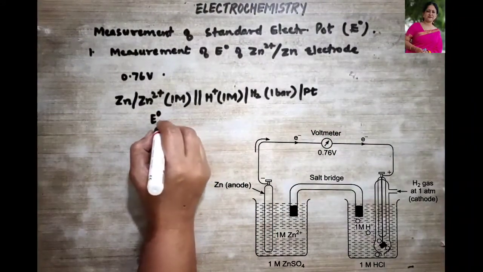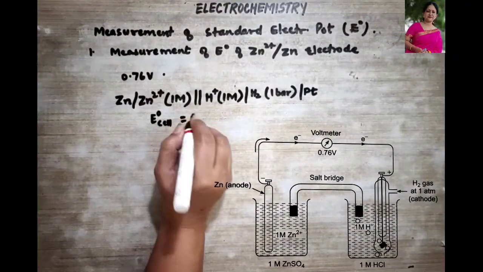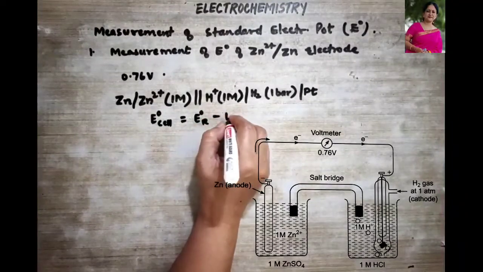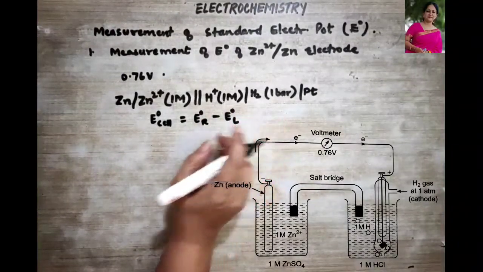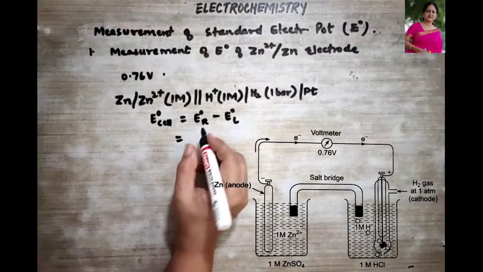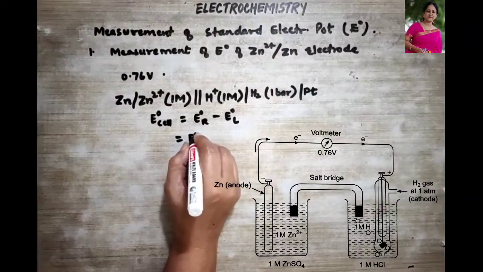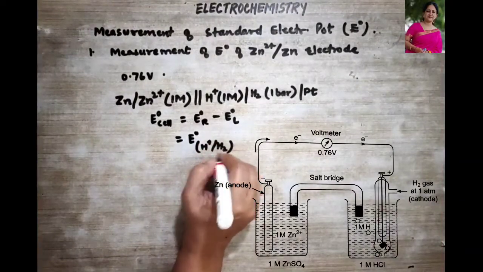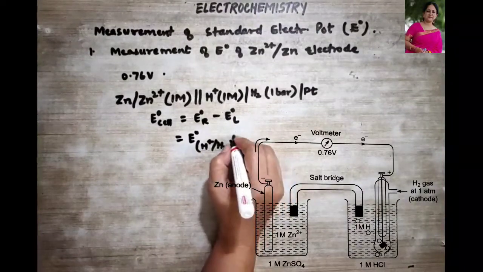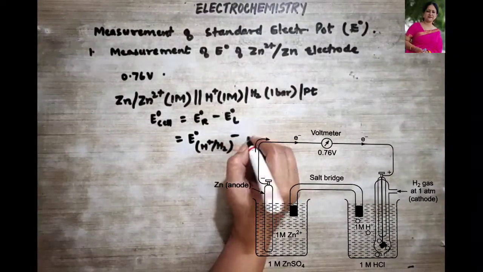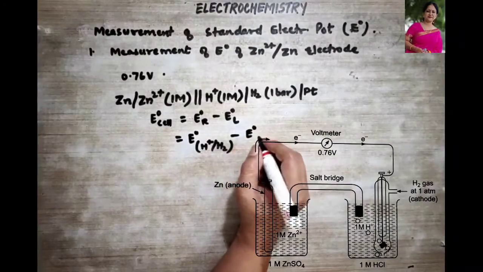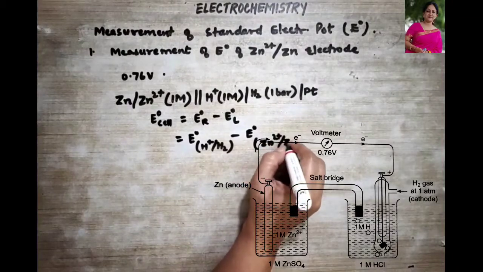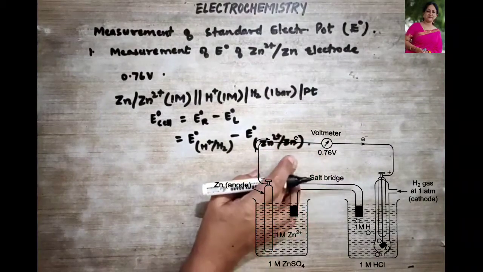So the standard electrode potential of the cell is equal to ER minus EL, right minus left. This can also be written as, what is the right one? H+ to hydrogen gas, minus the left one. The electrode potential of the left one is zinc 2+ to zinc metal.